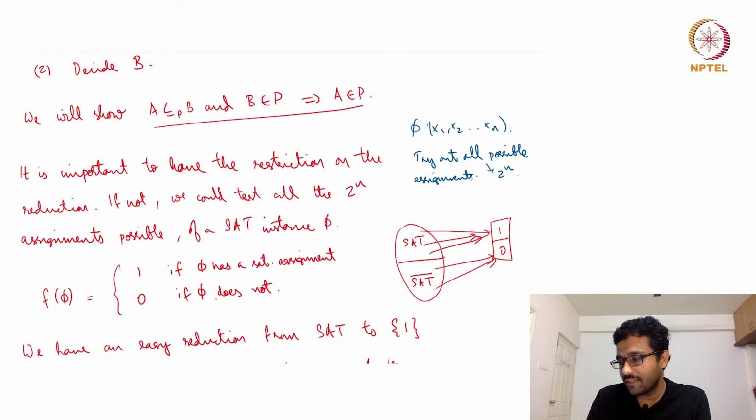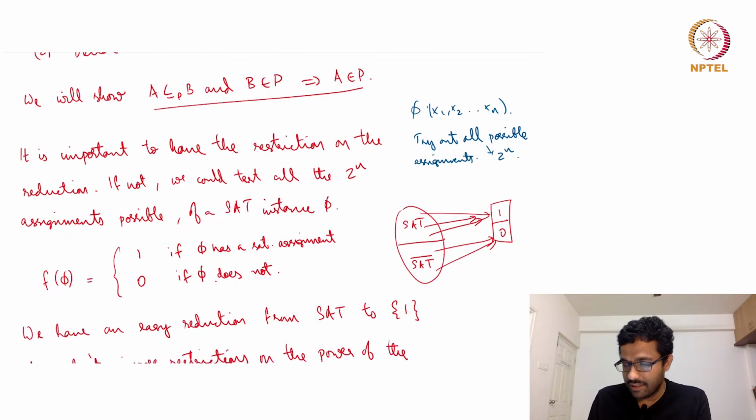So the mapped solution is easy to check, and we are reducing SAT to an easy language. However, the reduction process is time consuming. SAT is considered to be a difficult problem, but we have reduced it to a seemingly simple problem.